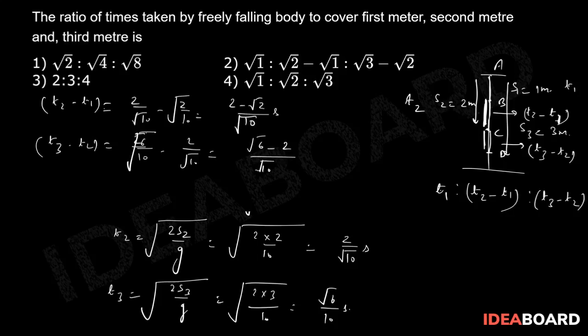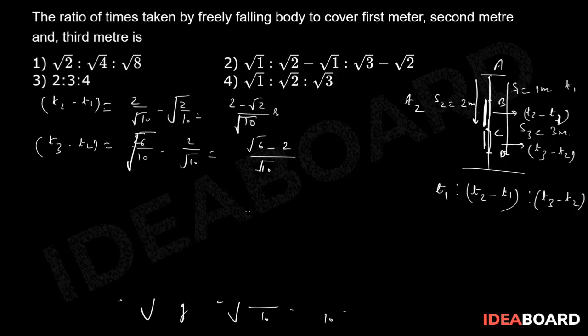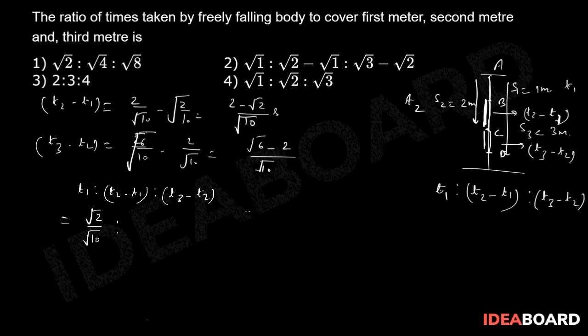Now we need to find the specific ratios. So let us put the values in the ratio. T1 raised to T2 minus T1 raised to T3 minus T2, that is going to be root 2 by root 10, which was T1, then 2 minus root 2 by root 10, then root 6 minus 2 by root 10.